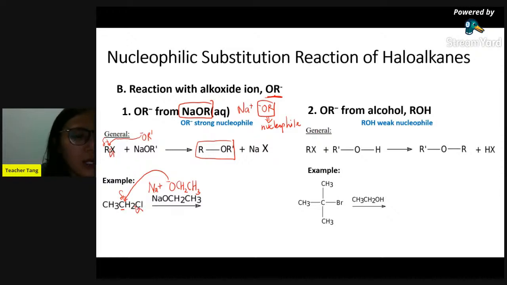Can you see that this oxygen will be attached to this carbon? So you will get CH3, CH2, connected to this oxygen, and behind it CH2, CH3. So you get the ether as your product. And the byproduct, the chloride ion that leaves will pair with the sodium ion to give you sodium chloride.